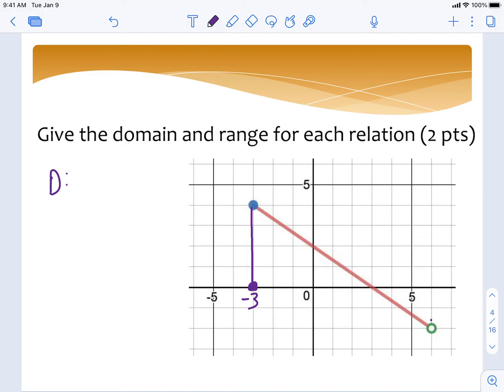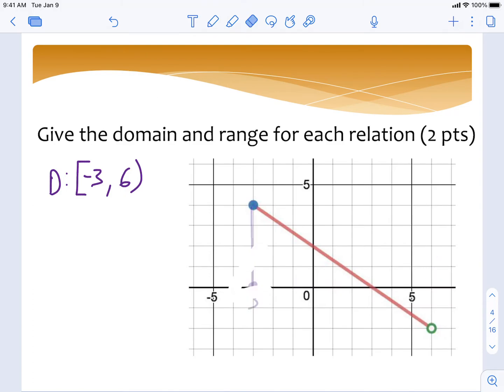And then how far to the right does it go? It goes over here to 6. It's a solid line in between, so it's everything in between. Now, to describe this using interval notation, the -3 gets a bracket because it is included, and the 6 gets a parenthesis because it is excluded, because it has that open circle.